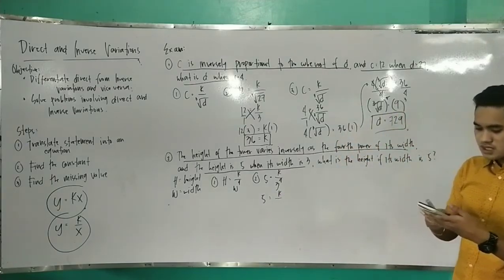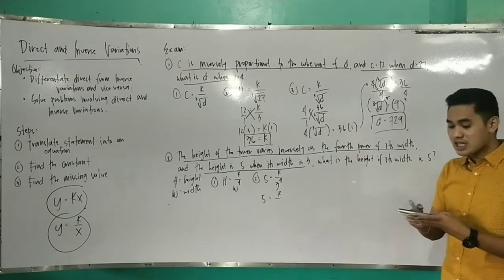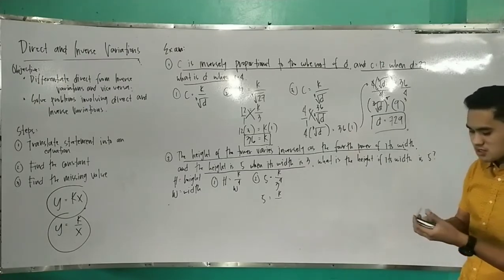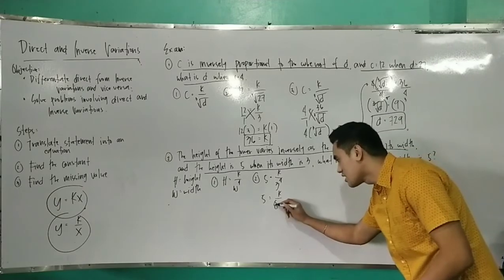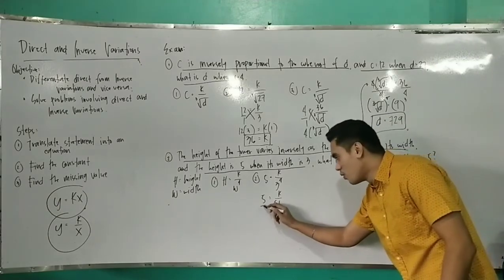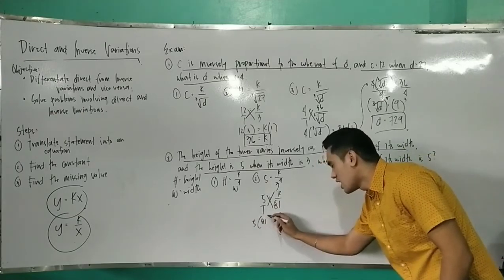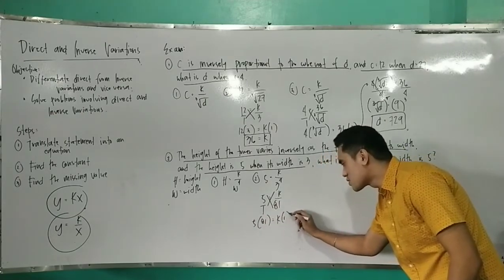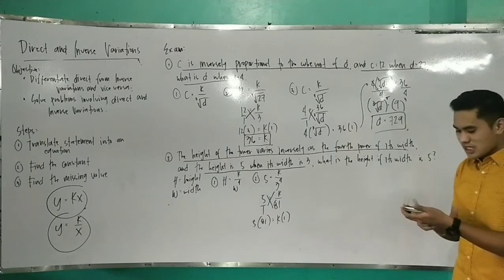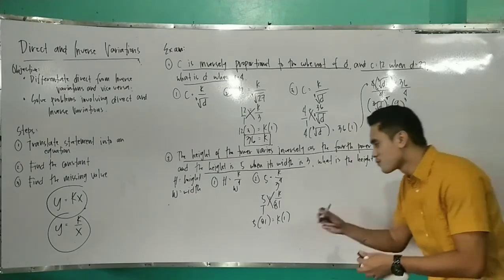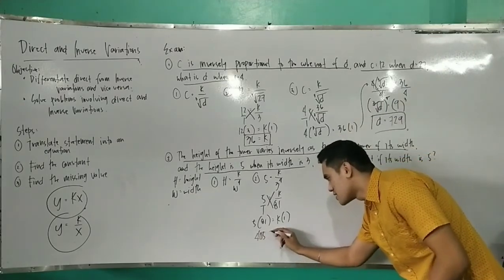So, tandaan na, hindi yan times 4, kundi raised. So, bali dyan, meron tayong 81. Then, over 1, cross multiply. So, 5 times 81 is equal to K times 1. So, meron tayo dyan 81 times 5. So, 405 is equal to K.